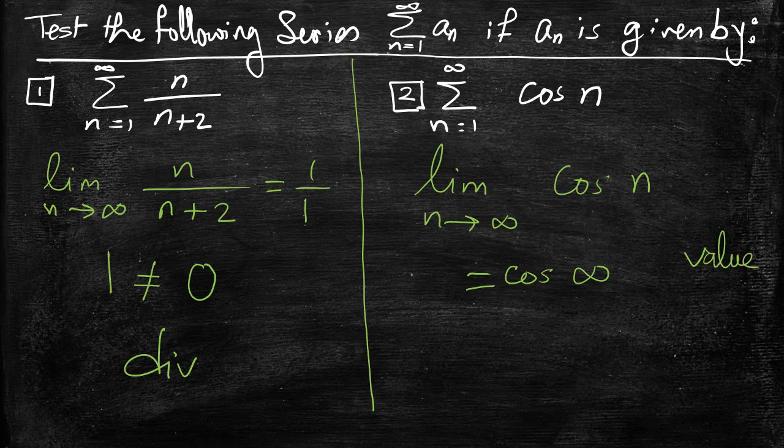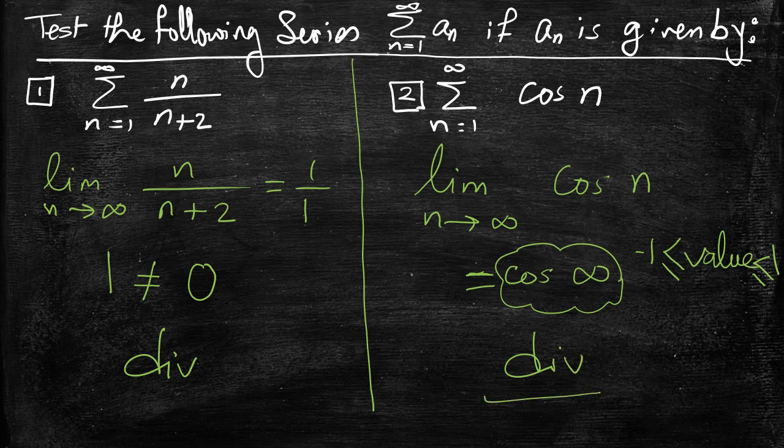I don't know this value, but for sure it's something between -1 and 1. So it has a value, not well known, but it's not 0 all the time, so this series again is a divergent series. These are the first two examples using the divergence test.